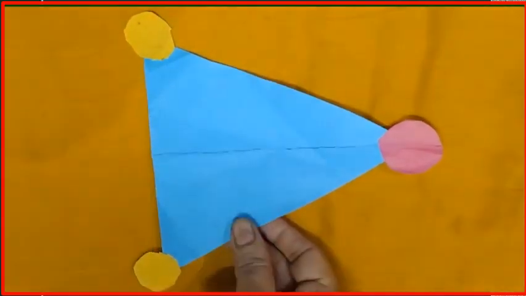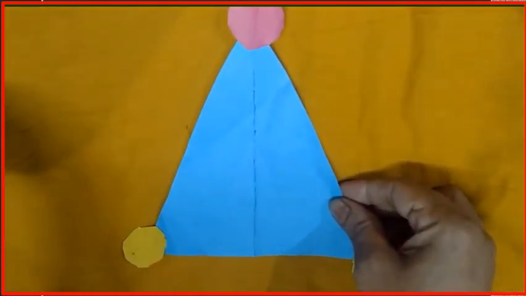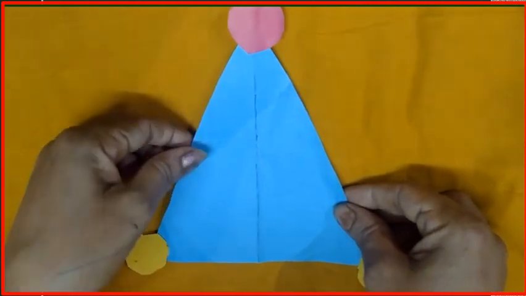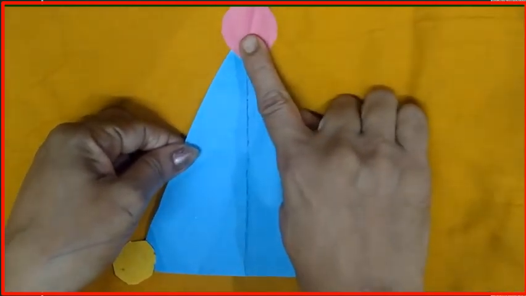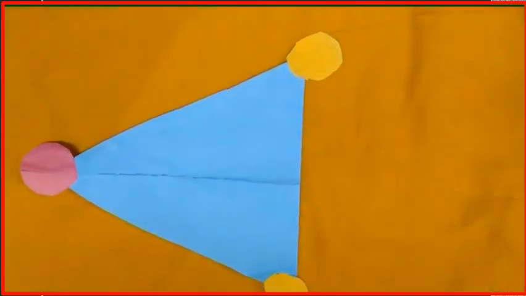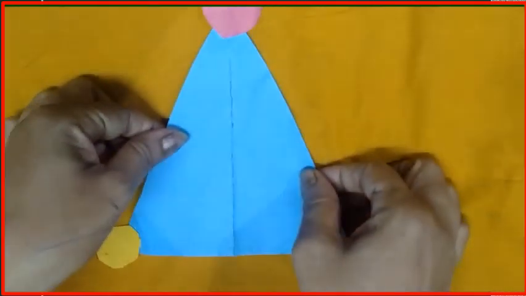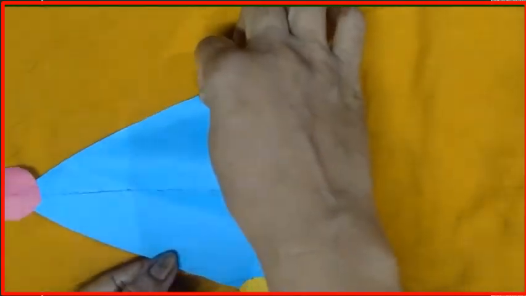Again back to its original position. Now 1/4 turn towards left side means this pointed part will now point this side like this. So both of these are 1/4 turns only.